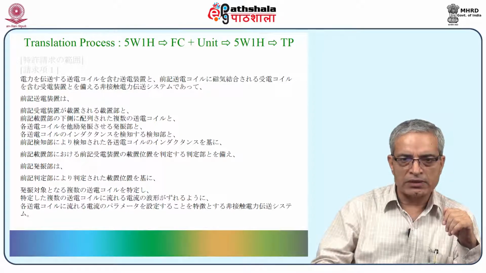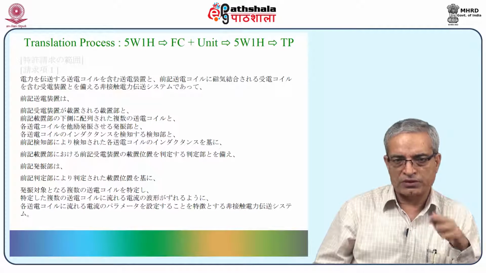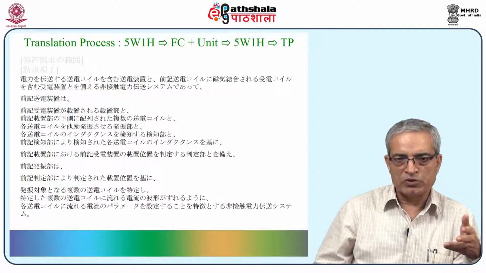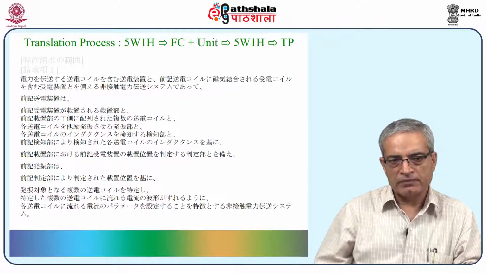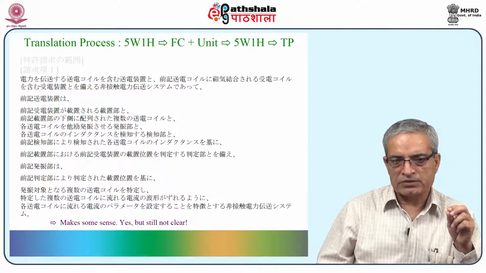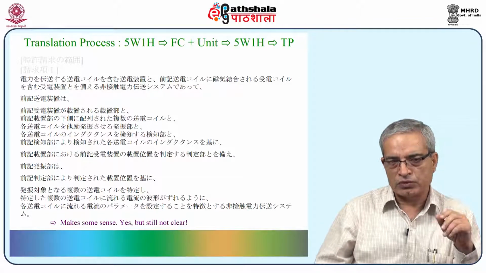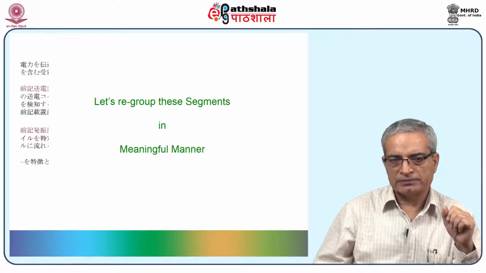Now it's not helping much. It's 5W1H we can use to capture the frame, maybe use units also, and again the technique process remains the same, but it does make some sense, but the things are not so clear. So let's regroup these segments in a meaningful manner.